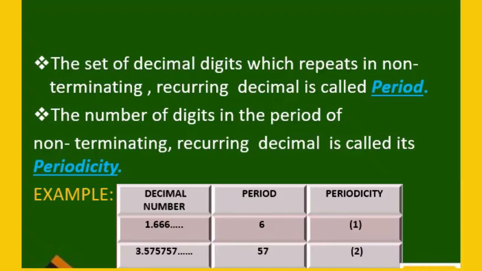Example, in the decimal number 1.66666, the period is 6 because 6 is the decimal part which is repeating, whereas the periodicity is 1 because there is only one digit which is repeating. Consider the next example, 3.575757 and so on. Here, the two digits which are repeating are 57. So the period is 57, whereas its periodicity is 2 because we have two digits which are repeating in the decimal part.